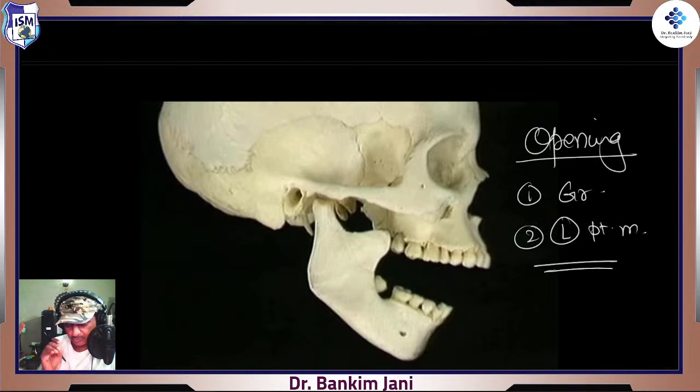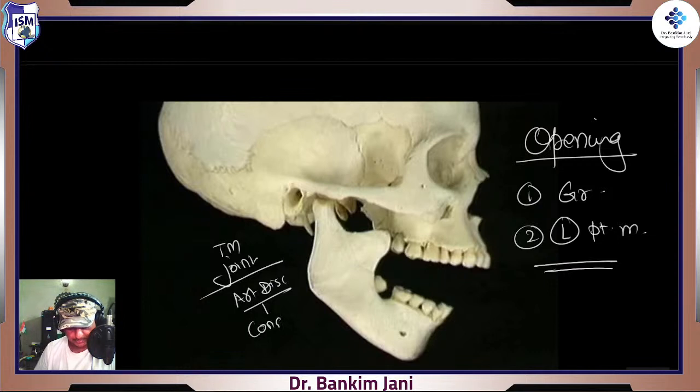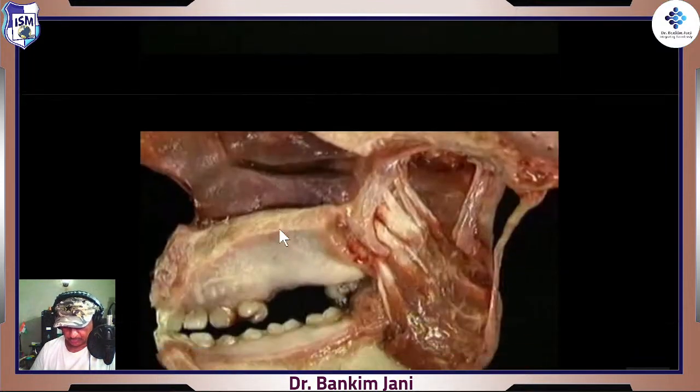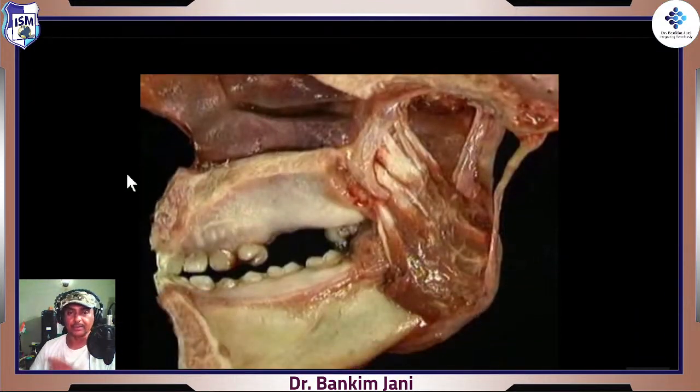And this opening occurs at the TM joint, to be very specific, between the articular disc and condyle, correct? And when it comes to the sliding movement, that is occurring between the temporal bone and the disc, right? That is for the gliding. Okay.